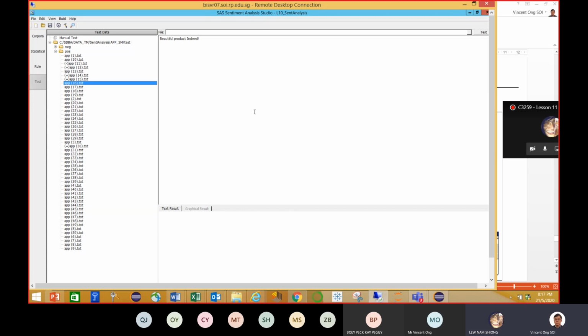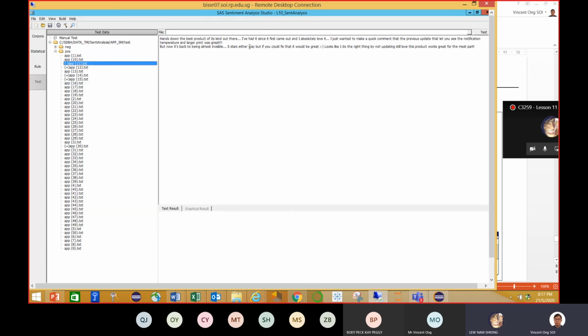Okay, look at the third text document. The third one is negative. Run. We think it's negative, but based on our definition it could be positive, right? The result is negative. You can also see that the probability of being positive is almost zero, about 0.01.